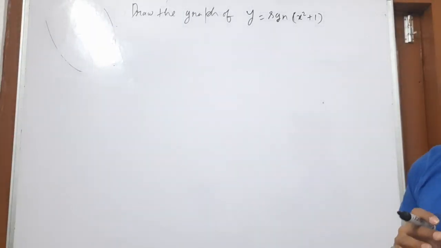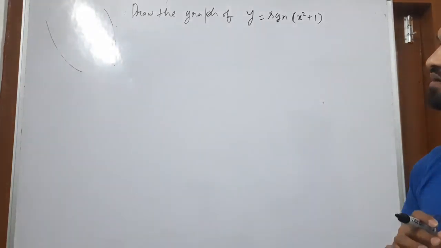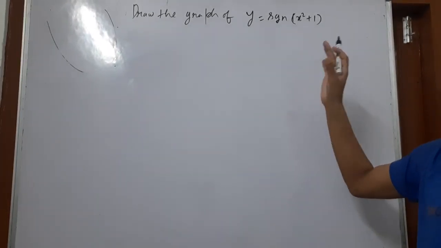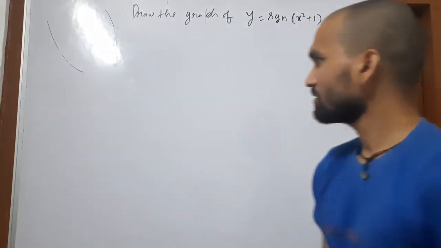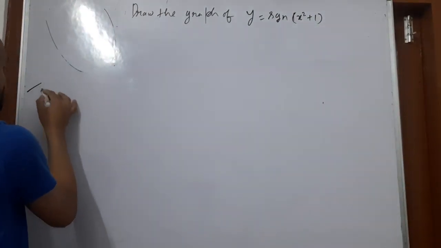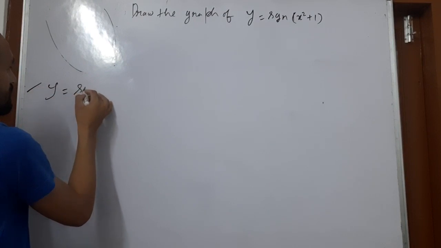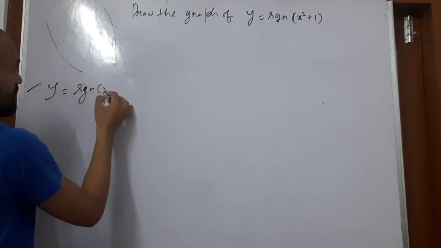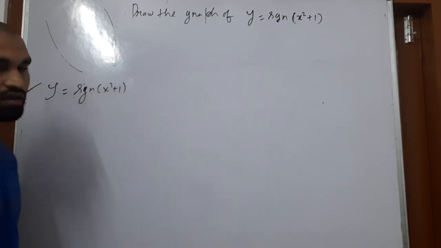So the graph of signum x is very simple. We should follow some procedure. First of all, we should write that y is equal to signum x square plus 1.